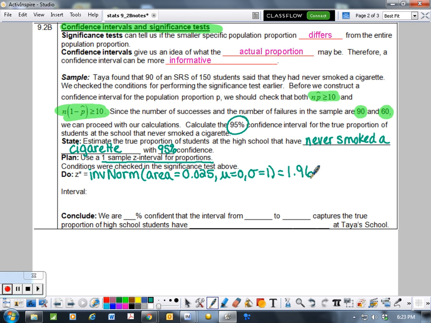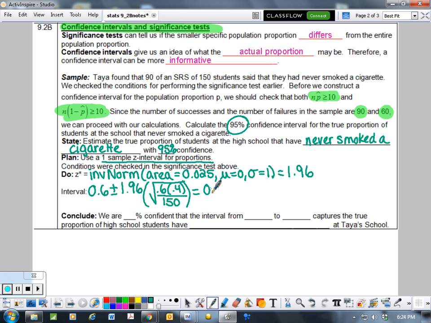So our interval should be, okay, let's see. Our p hat was 0.6. We're going to go plus or minus the 1.96 times the standard deviation, the square root of 0.6 times 0.4 divided by 150. So I take 0.6 times 0.4 divided by 150, square root it, and multiply by 1.96.